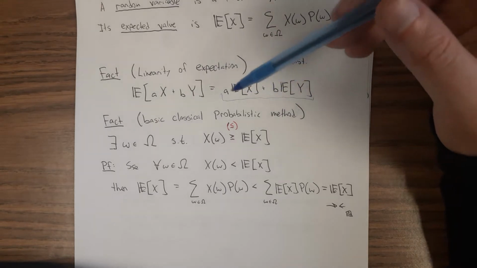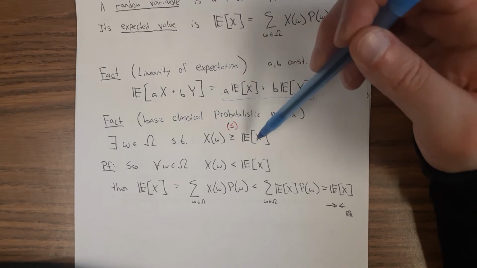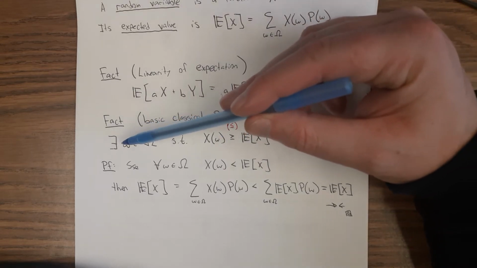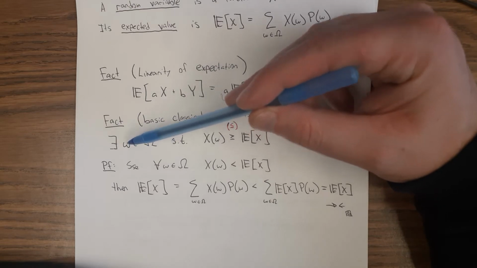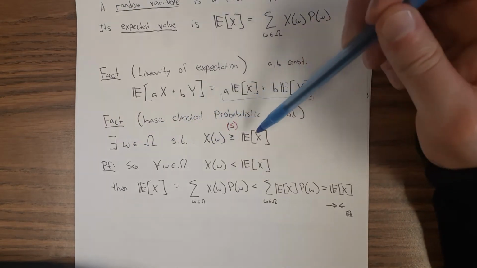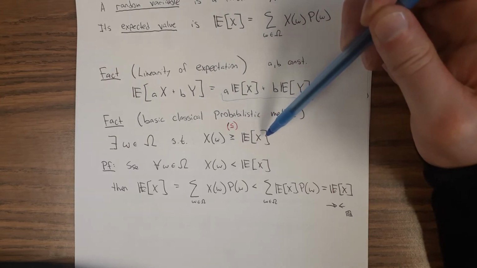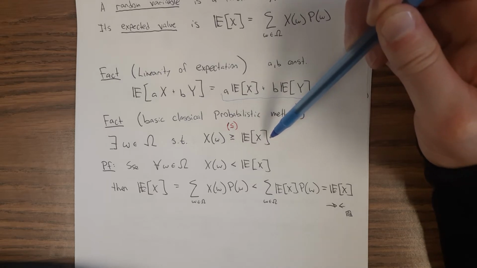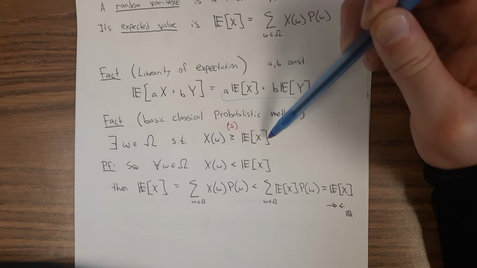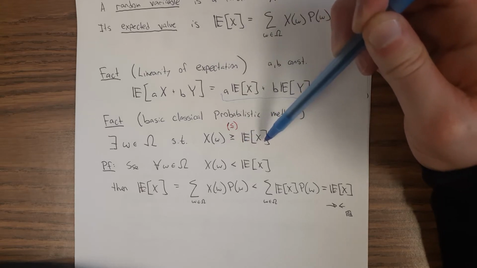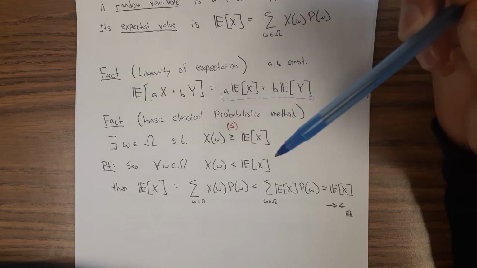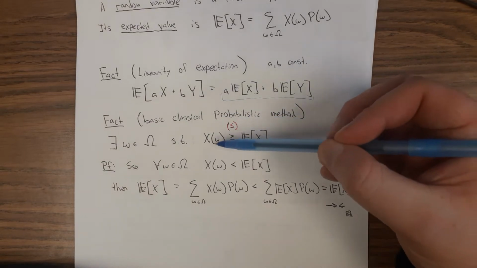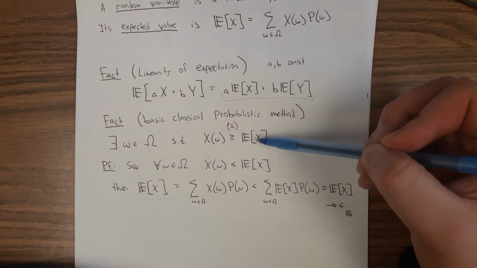The fact is, for any probability space and any random variable in that probability space, you always have that there exists a little omega such that X of little omega is greater than or equal to the expectation of X. This is really an intuitive fact based on the fact that the expectation of X is a weighted average, and it's not possible for all of these to be smaller than their weighted average.